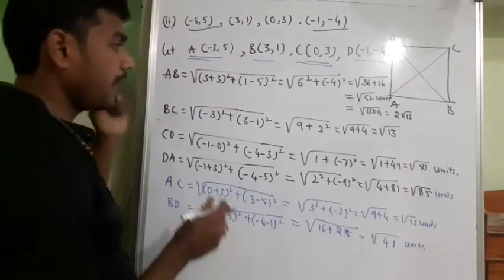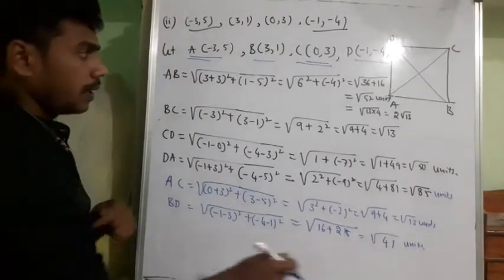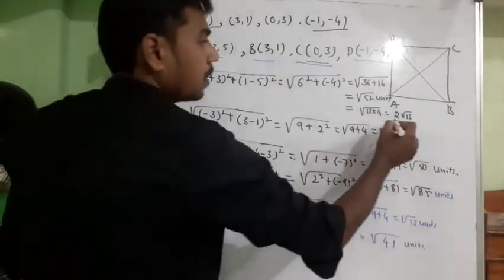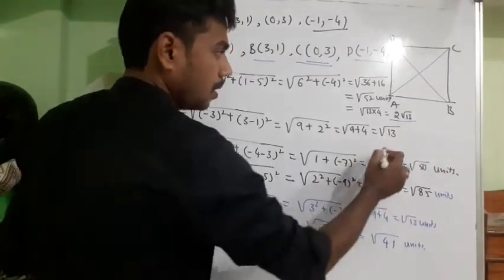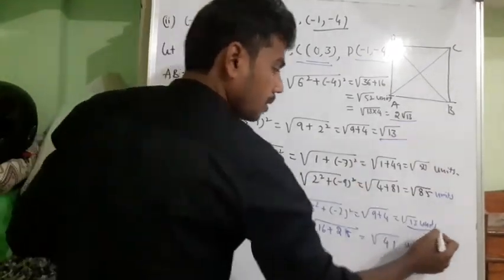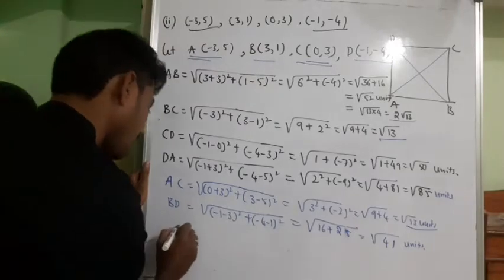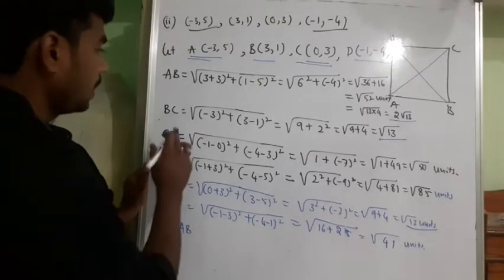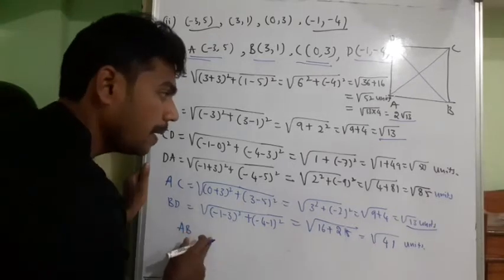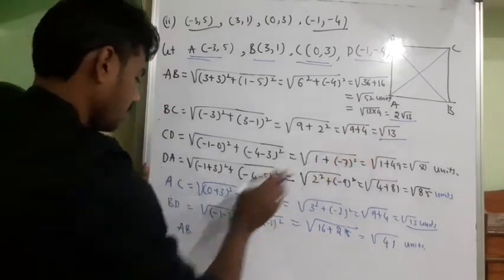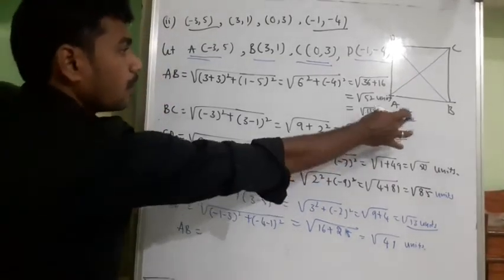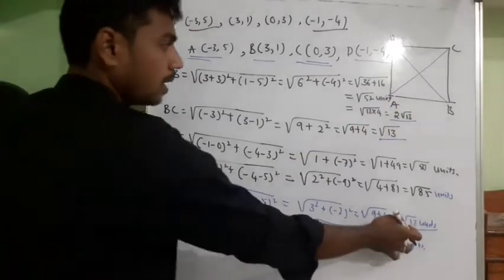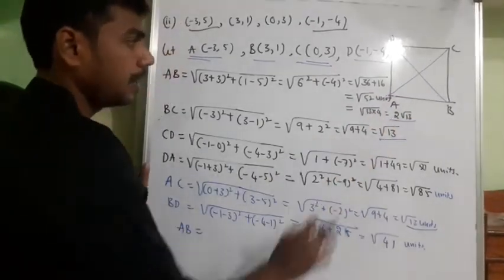See, when you look at 2 root 13, root 13 and root 13. AB is 2 root 13, and root 13 plus root 13 gives 2 root 13.